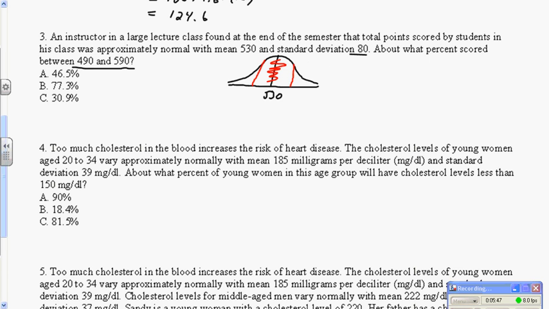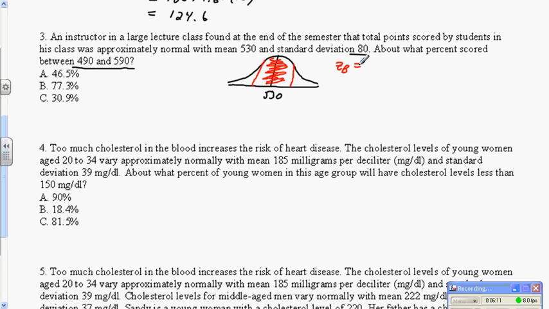We want between, so we need to find the z-score for each one. Let's find the z-score for the lower one, that'd be 490.